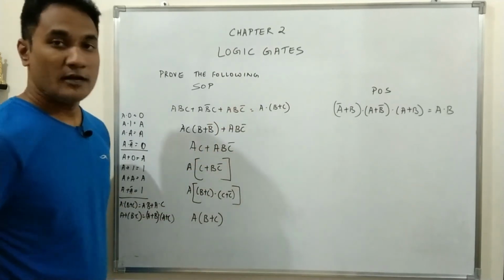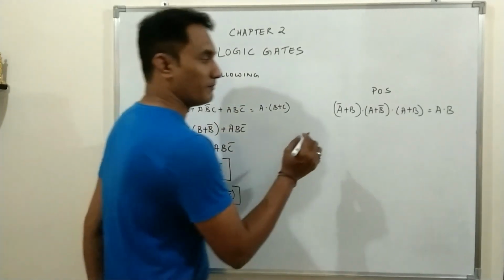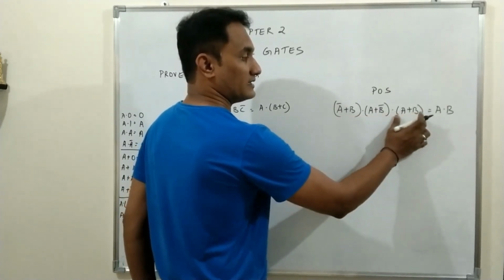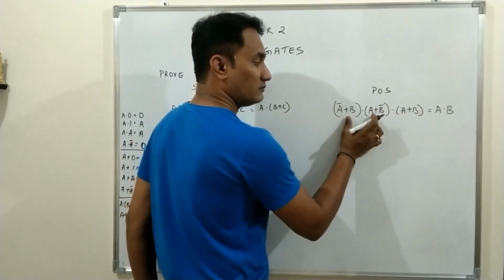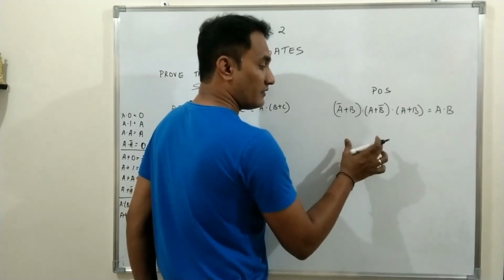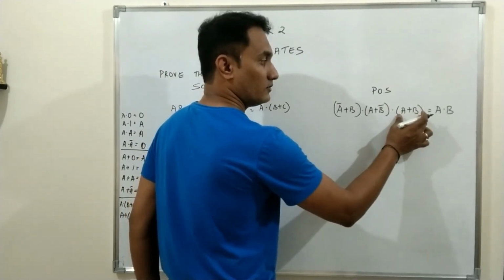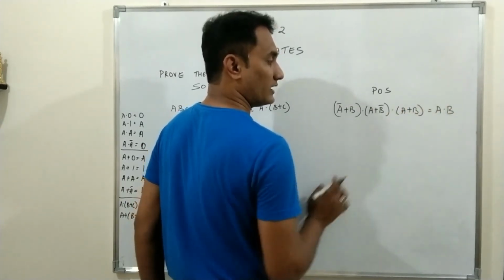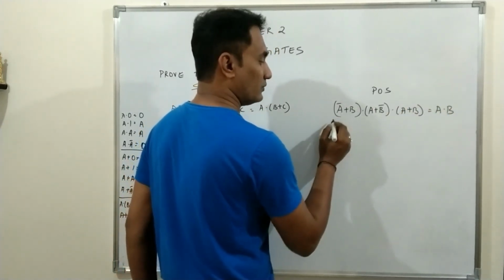Next we will take POS, product of sum. In this product of sum you have three expressions. First you solve the two expressions completely, then that result will be multiplied with the third expression to get the value. Let us see how it has to be done.